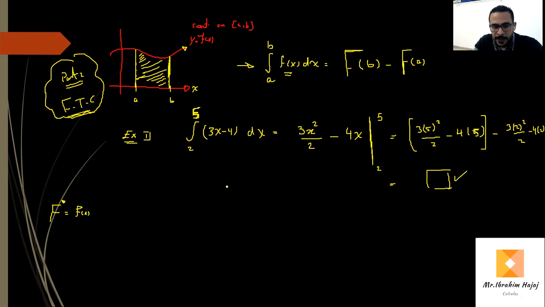Find the answer by evaluating, or use your calculator to evaluate. What? -2? This all is -2? Oh wait, sorry. You have to evaluate this all, 25 times 3, which is 75 over 2 minus 20, minus then evaluate this all in the calculator, guys.